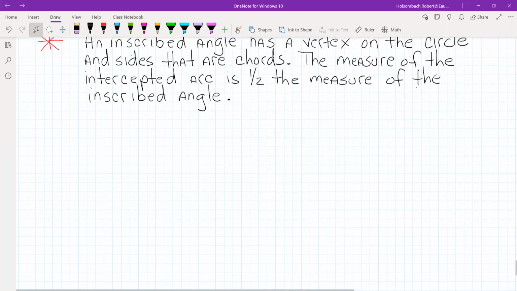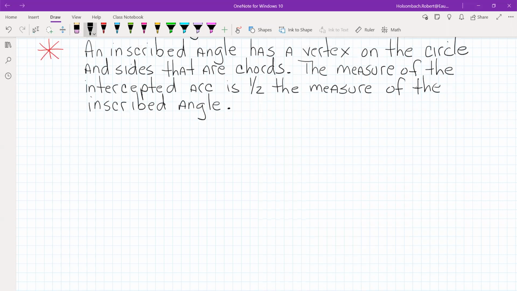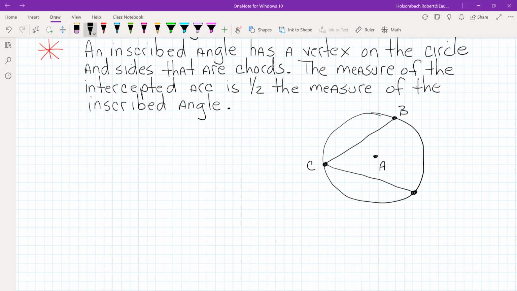So what it looks like in a picture, if we've got circle A here, an inscribed angle has a vertex on the circle. So if we create an angle and put its vertex on the circle, point C is the vertex of angle BCD.